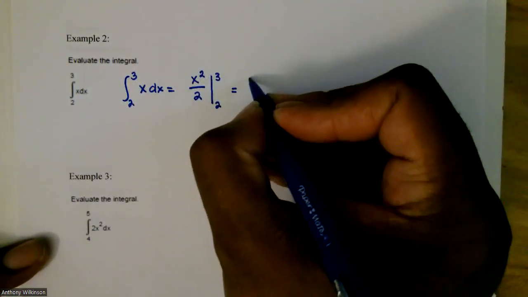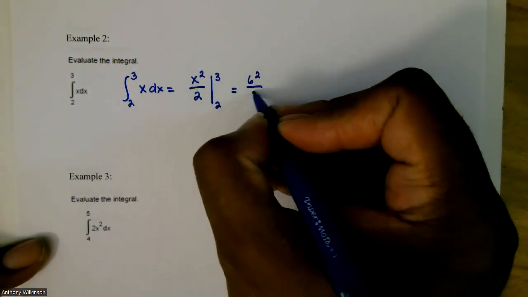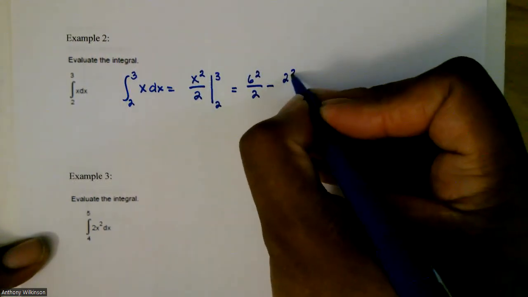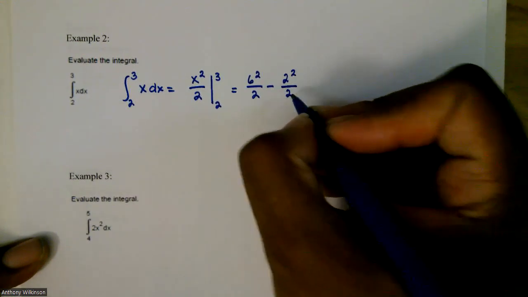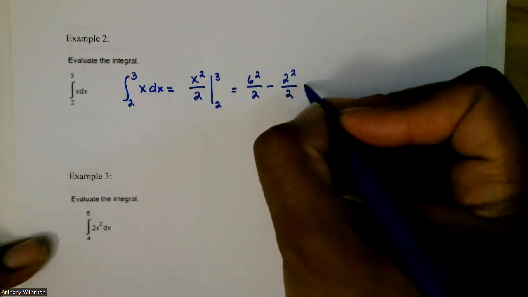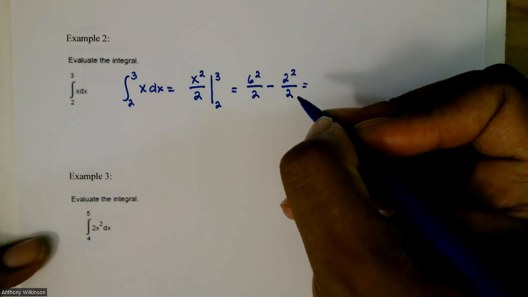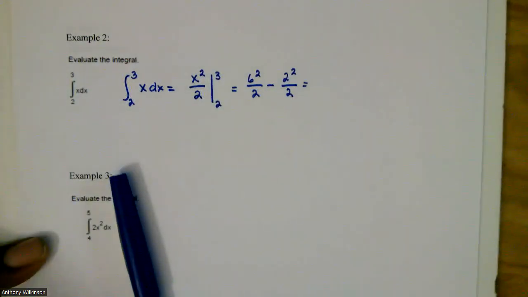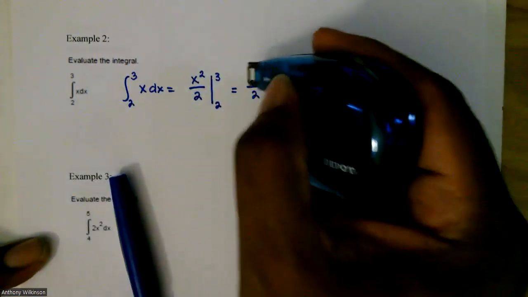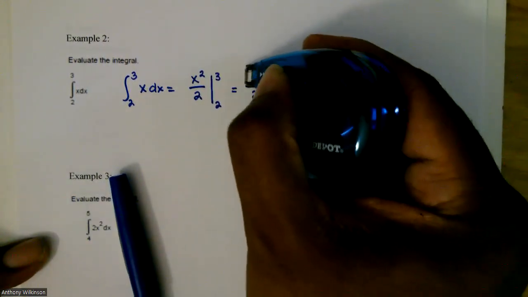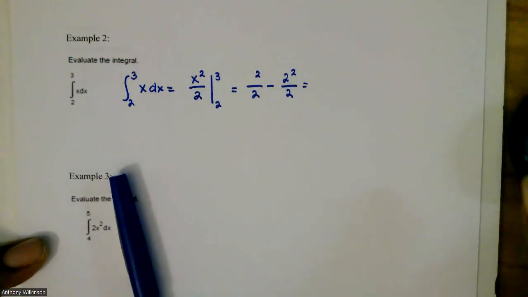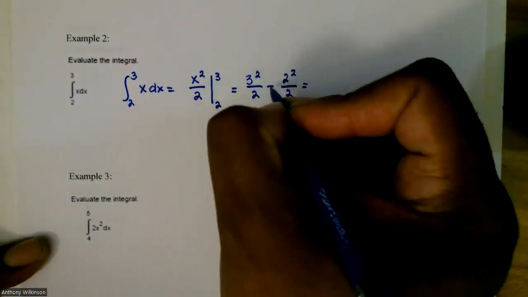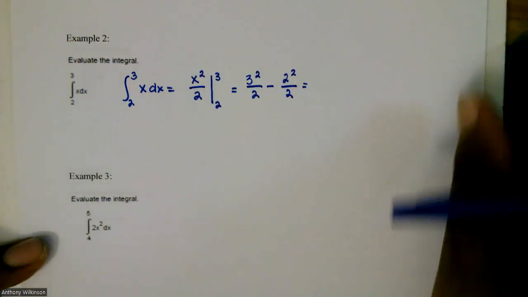I'm sorry, this should be 3 squared over 2 minus the lower limit, which is 2 squared over 2.